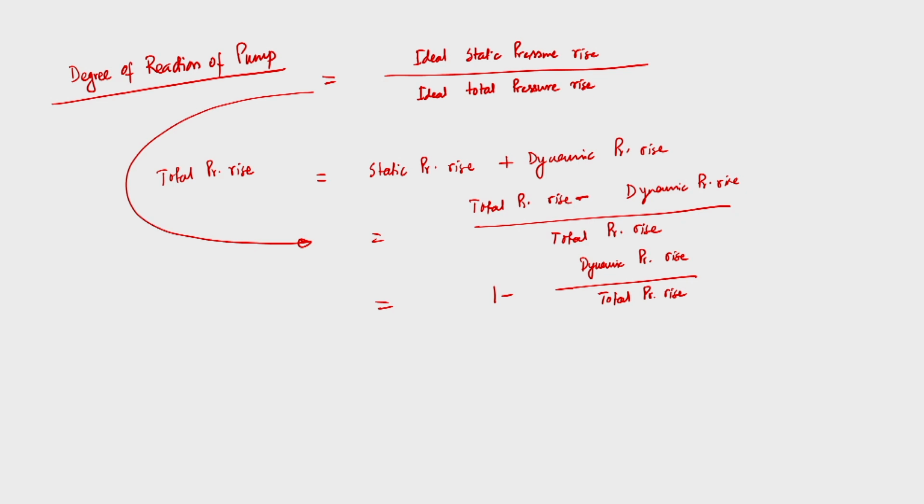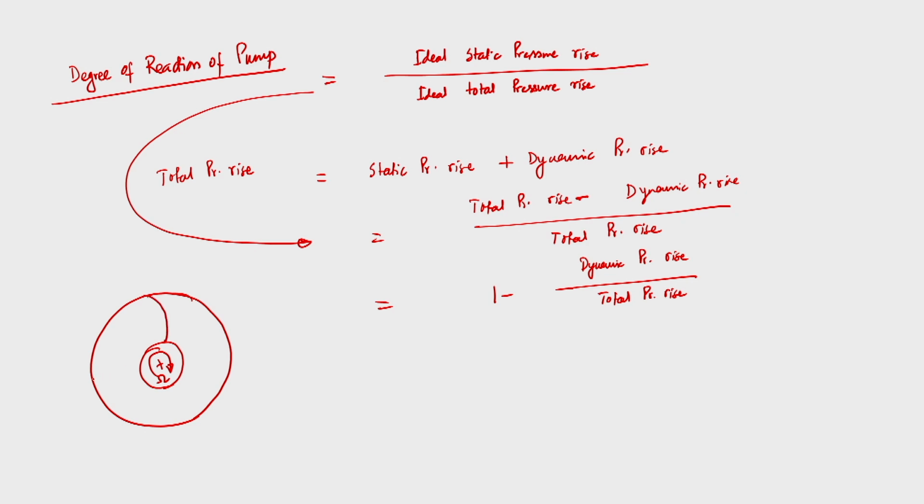Now, let us say we draw an impeller of a radial flow pump, which is rotating at an angular velocity omega in the clockwise direction.